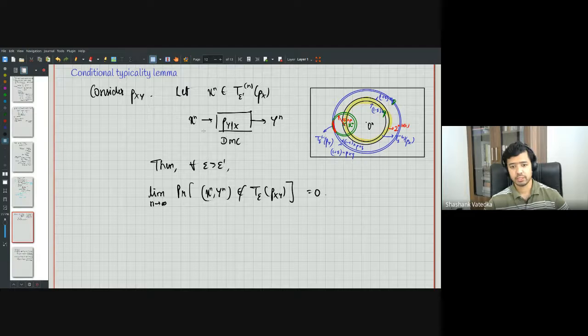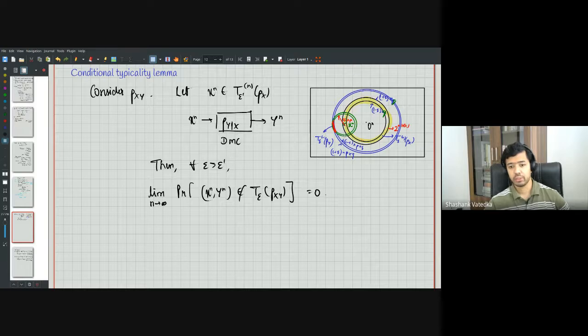Note that x^n is fixed, it is something from the typical set, and y^n is now going to be a random sequence which depends on what exactly the instantiation of this DMC is going to be. Now I have a pair x^n, y^n. What is the probability that this pair lies in the jointly typical set? So y^n is going to lie in this thin shell.